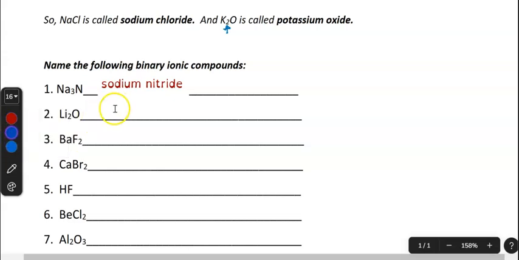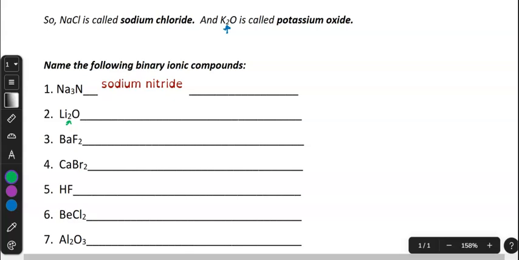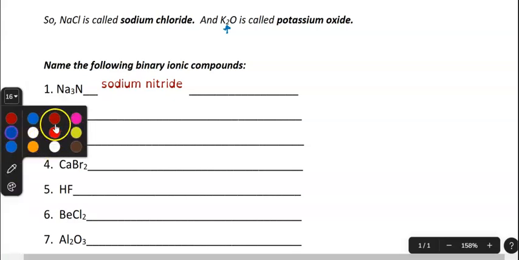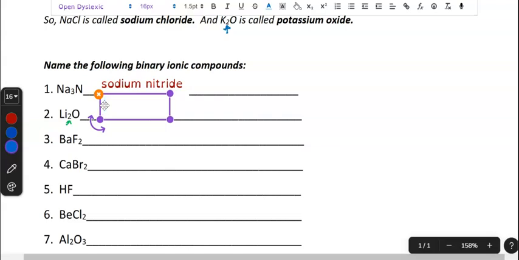Okay, now let's take a look at our next one. Here we have Li2O. So my little subscript of 2 right here, this means that we have 2 lithium ions for every oxygen ion in the crystal. So it's kind of like giving you a ratio, right? Like 2 lithiums for every oxygen. So in order to name this one then, I'm just going to name my cation, which is the one on the left. That's lithium.